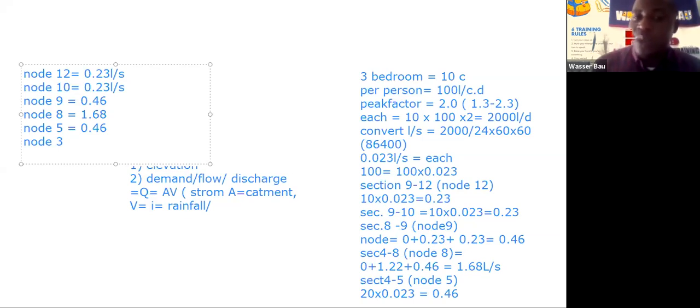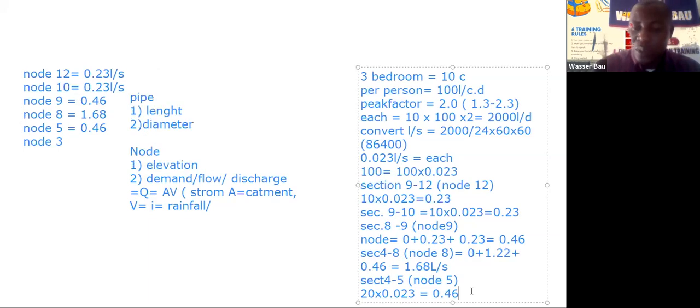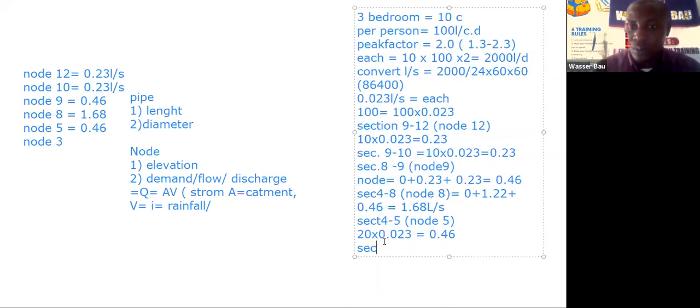So in this case now, we have another 20 houses. Therefore, we are talking about section 4 to 3, and it's 20 houses multiplied by 0.023.